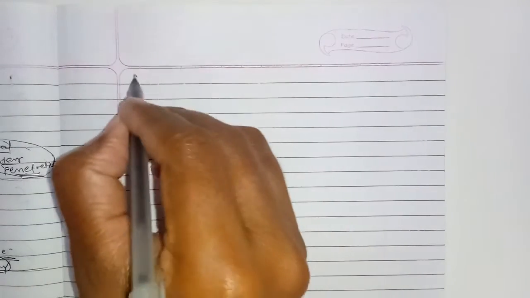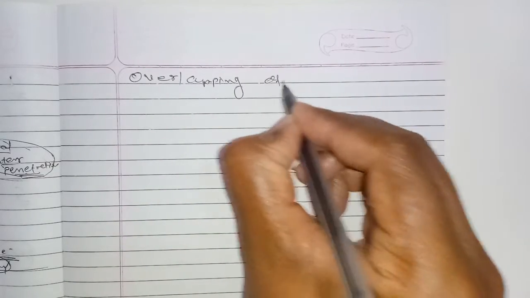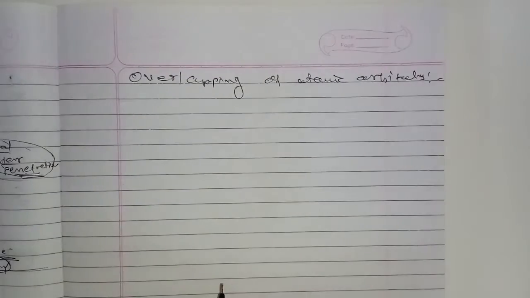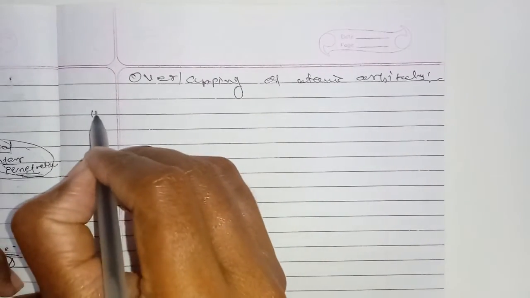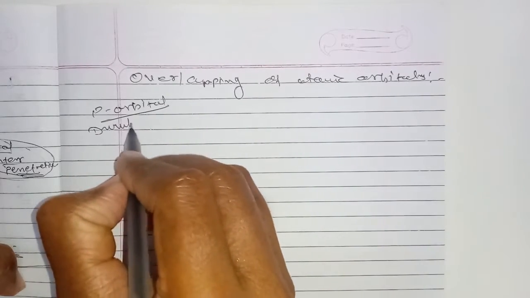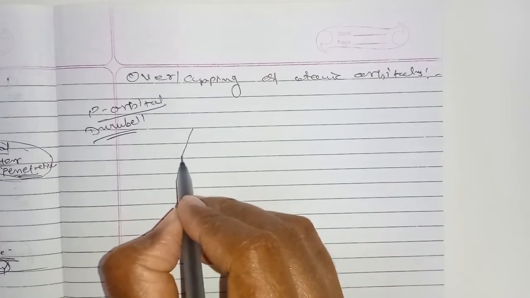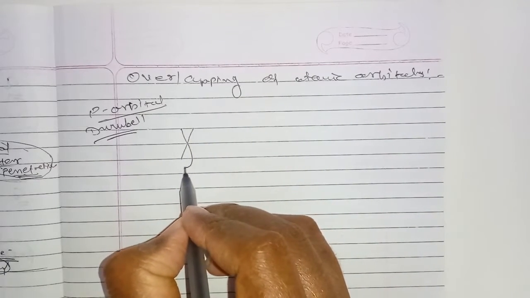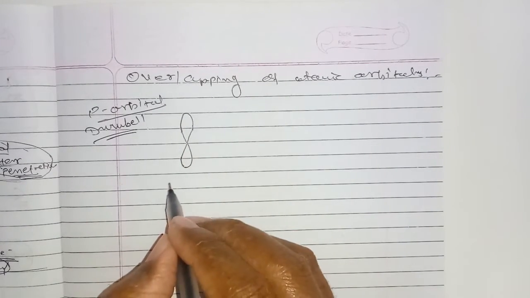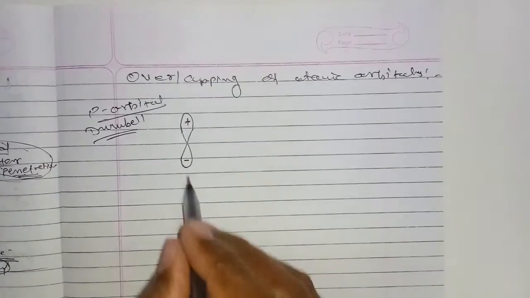Now the overlapping of atomic orbitals. The p orbital has a dumbbell shape. Its sign is positive and negative.